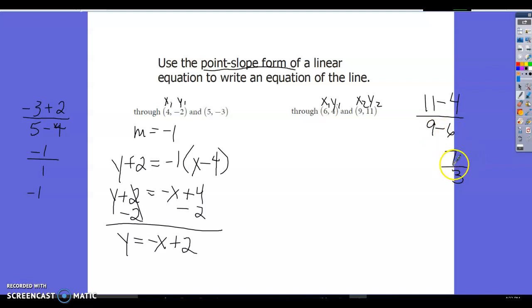So our slope is going to be 7/3. So we're going to have m equals 7/3, and then y minus y1, which is 4, equals our slope times x minus our x1.